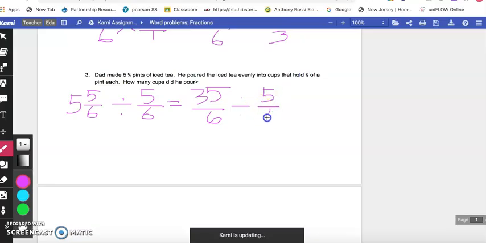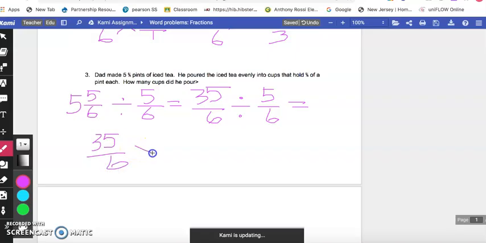So now I have two fractions to work with. Sometimes that's a little bit easier. So now I need to think about how I divide two fractions. Again, keep, change, flip. So I'm going to keep this fraction the way it is, 35 over 6.